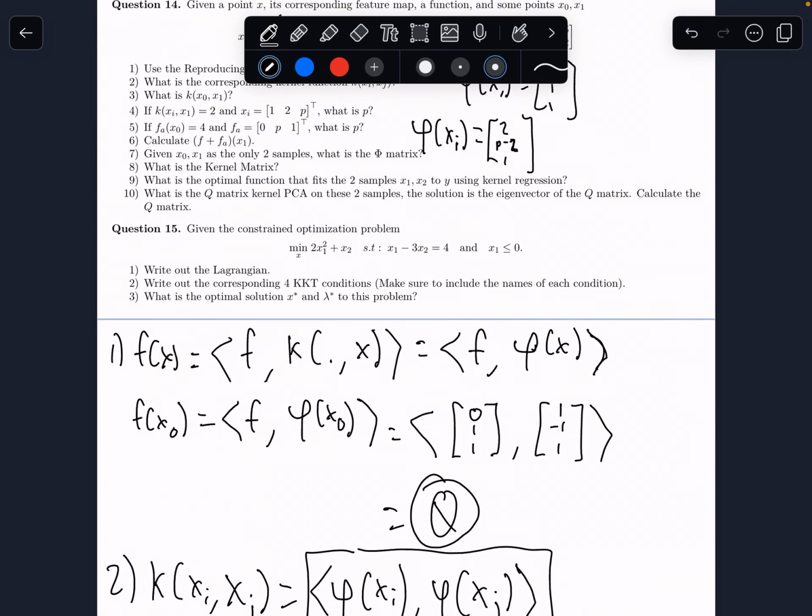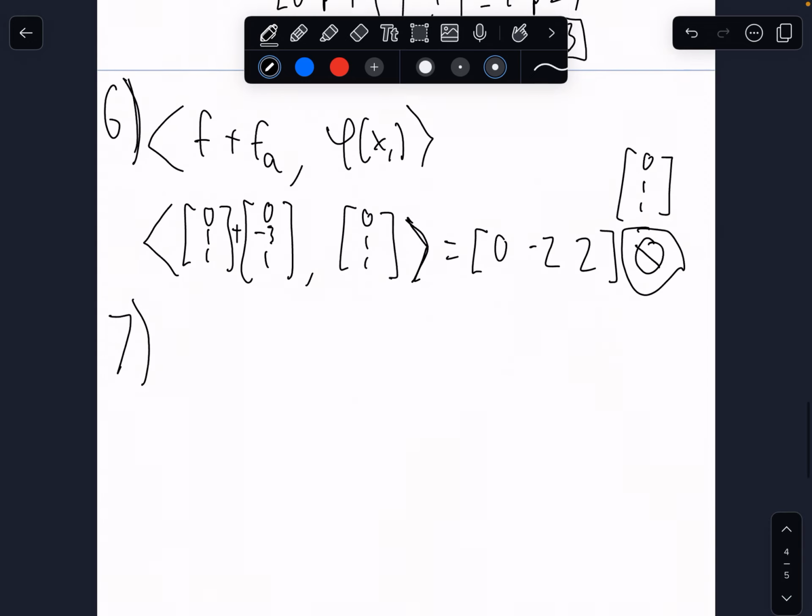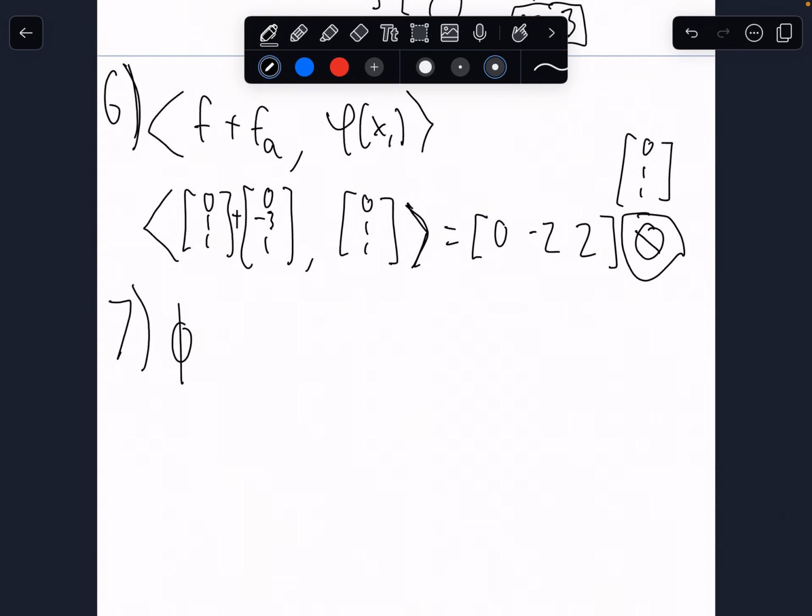Calculate, given x0, x1 as the only two samples, what is the big phi matrix? Oh, okay. So here, big phi is equivalent to phi of x1, phi of x2.